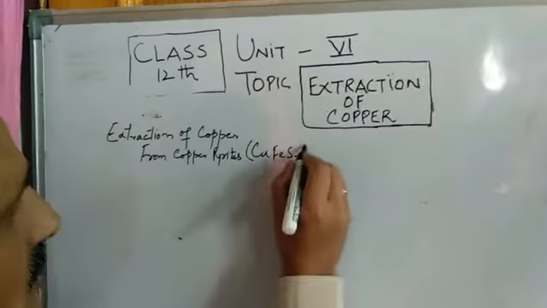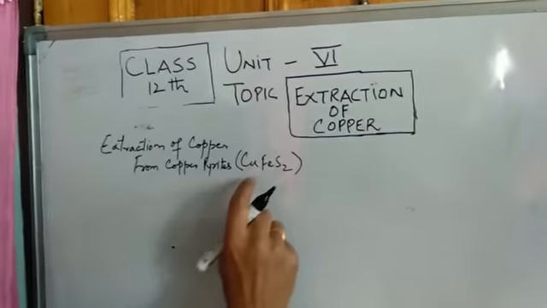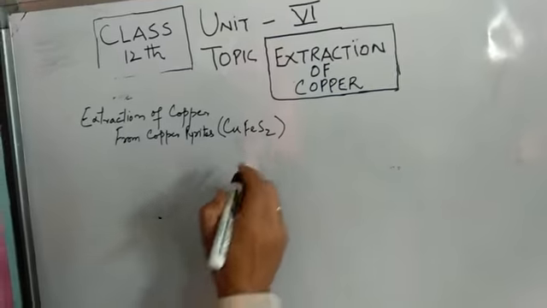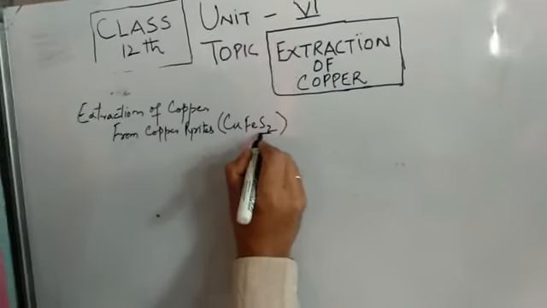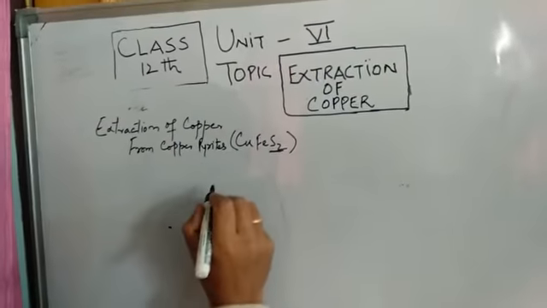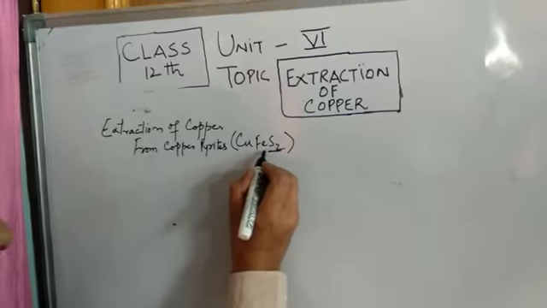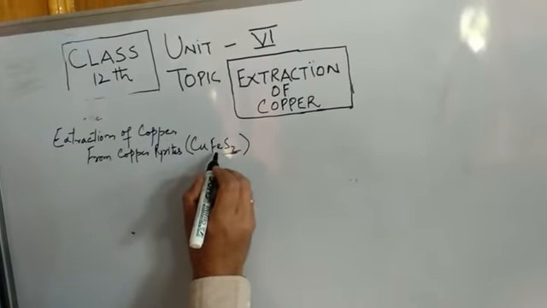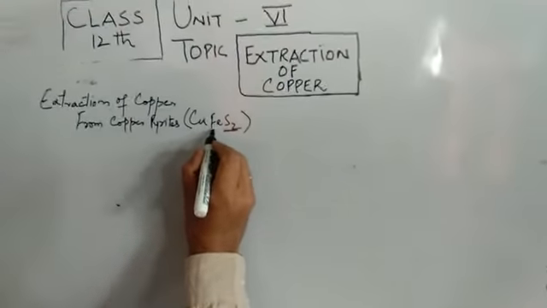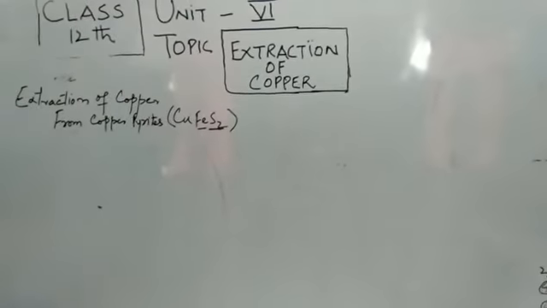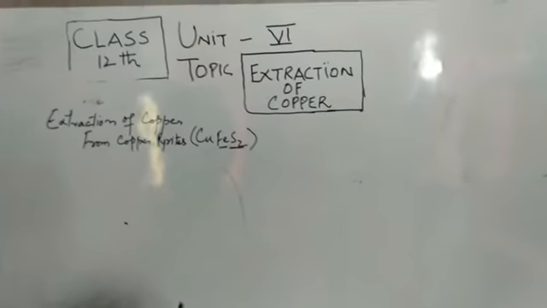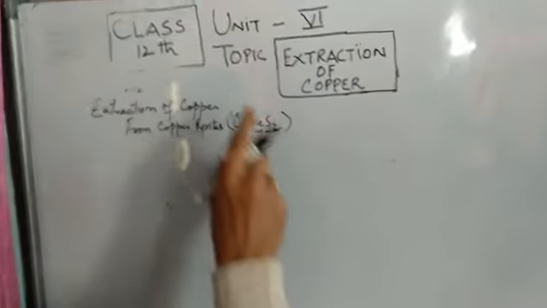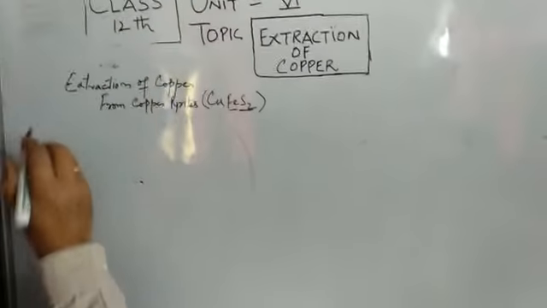If you look at the chemical formula of this ore, what do we find? In addition to copper, sulfur is one of the impurities present in this ore. In addition to sulfur, we have iron also, but this iron is not the metal to be extracted. This iron is an impurity that needs to be removed, and only then can we extract copper from copper pyrites. So moving to steps now.